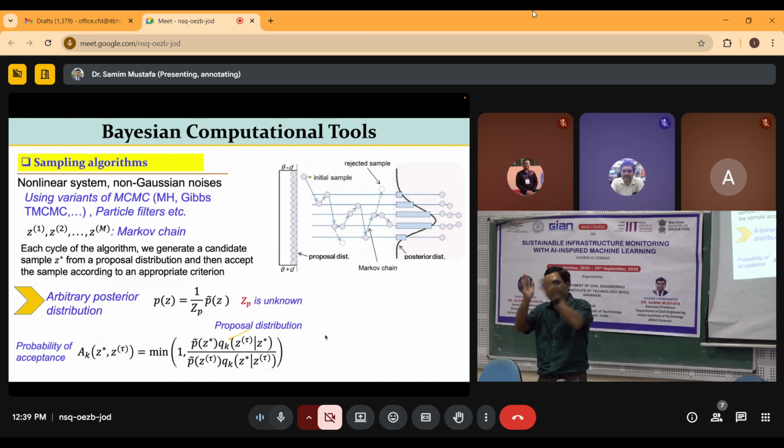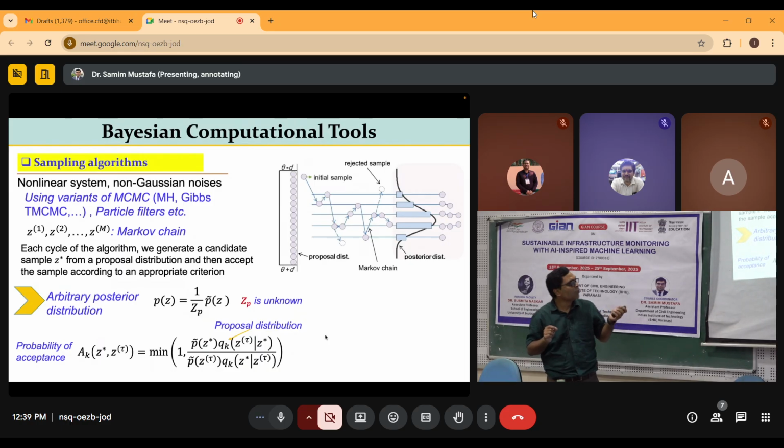You cannot write it in an analytical way, as an analytical equation. It is a multiplication of two probability densities, prior and likelihood. So how do I know which distribution it is following? No answer, right? So what I need to do is draw samples from an assumed distribution, which is called the proposal distribution. You assume a proposal distribution, draw samples from it, then you run this kind of probability of acceptance, which is given like this.